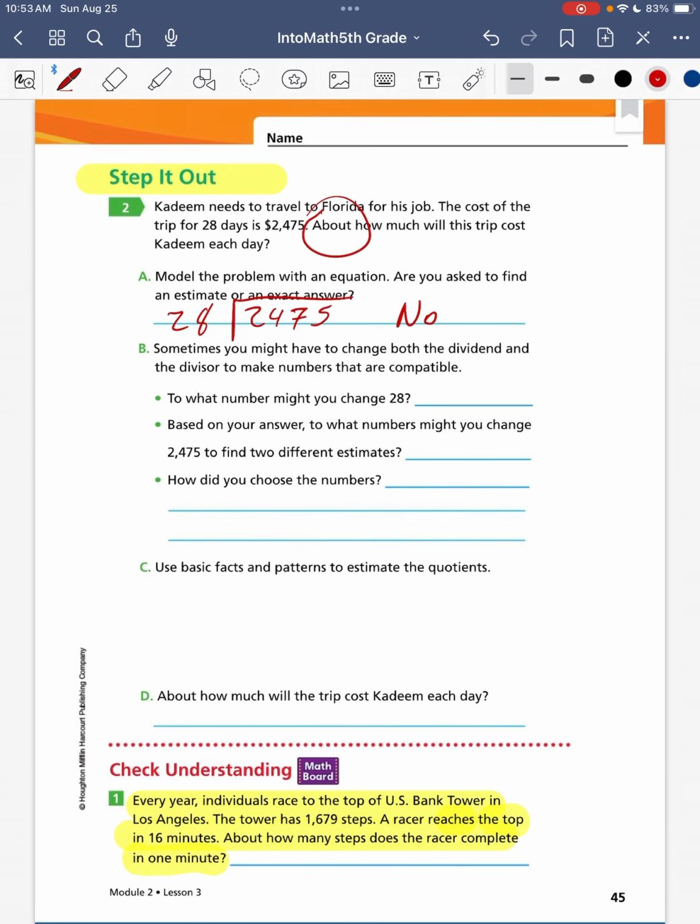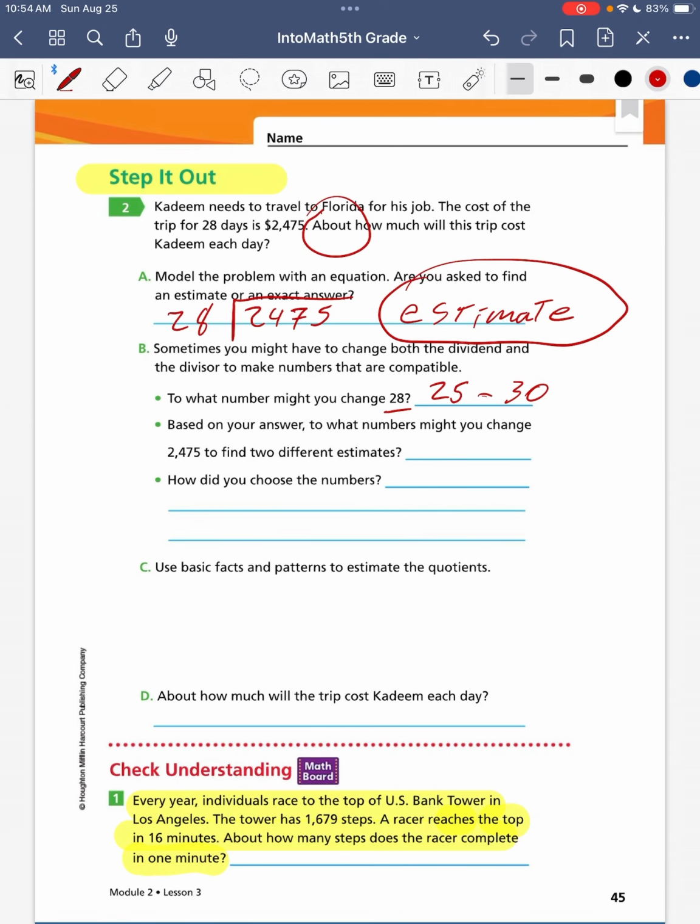Are we asked to find an estimate or an exact answer? We can just say estimate. Sometimes you might have to change both the dividend and the divisor to make numbers that are compatible. To what number might we want to change 28? Two numbers come to mind. I can either round down to 25 or I can round up to 30.